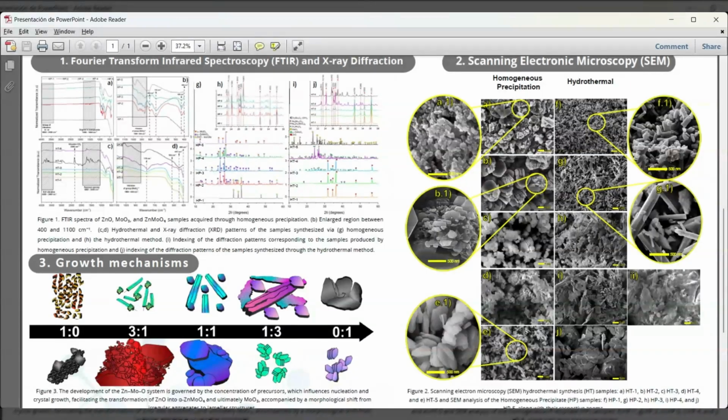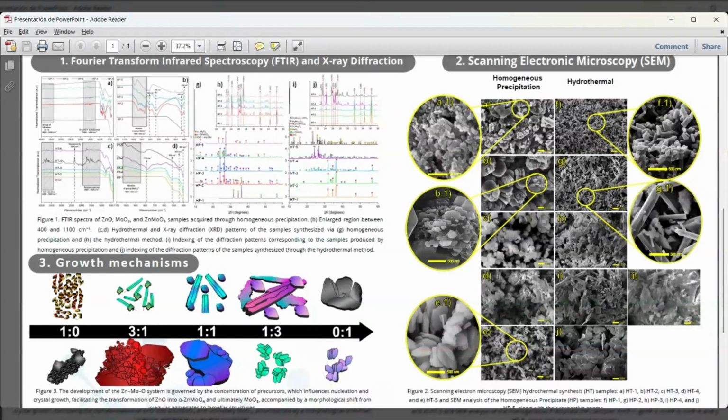At higher molybdenum concentration, larger laminar structures and additional granular or cluster morphologies appear, consistent with the formation of the secondary phase detected by X-ray diffraction. Finally, HT5 exhibits a predominantly flake-like structure associated with the molybdenum oxide rich composition.